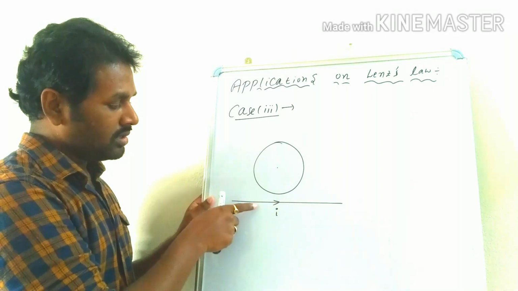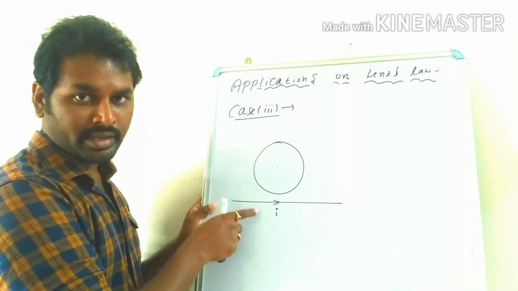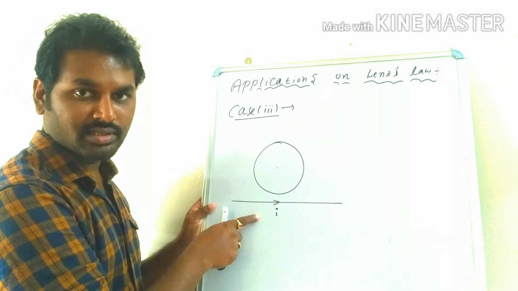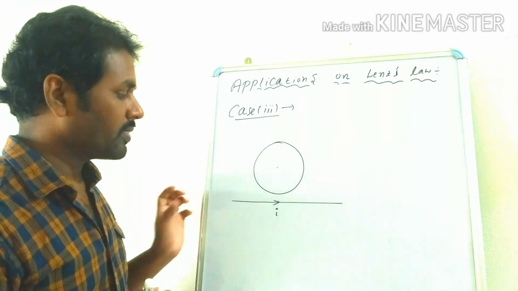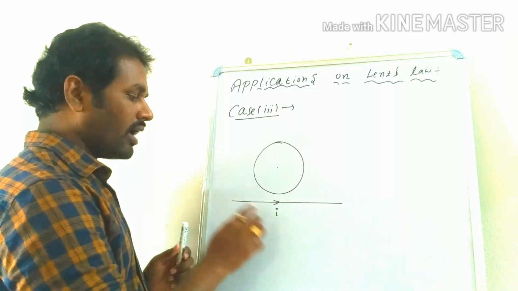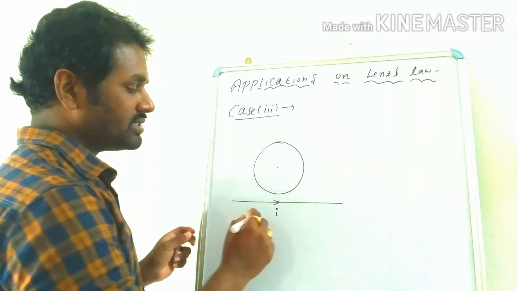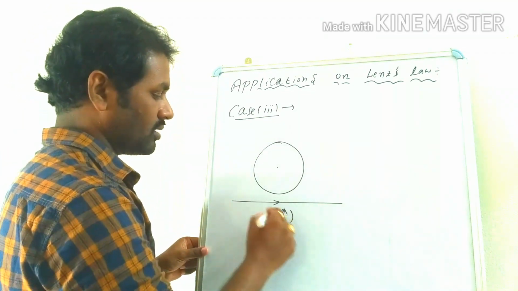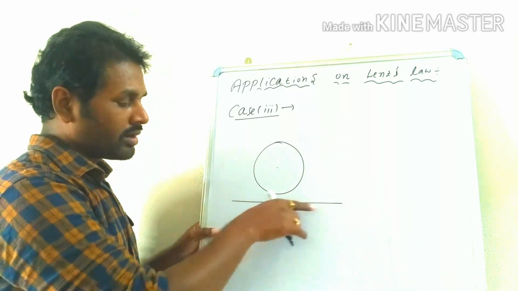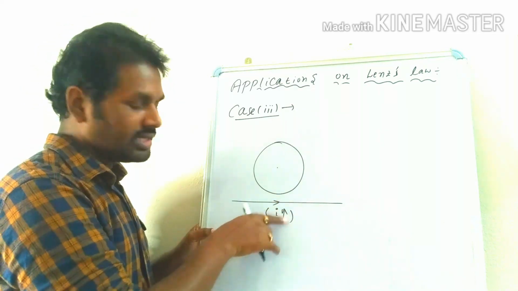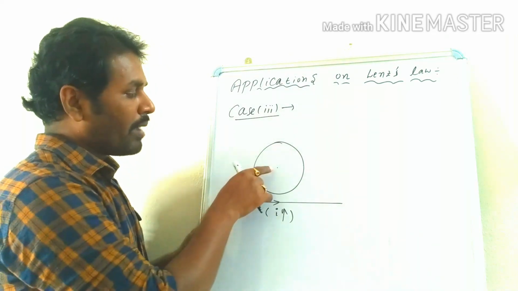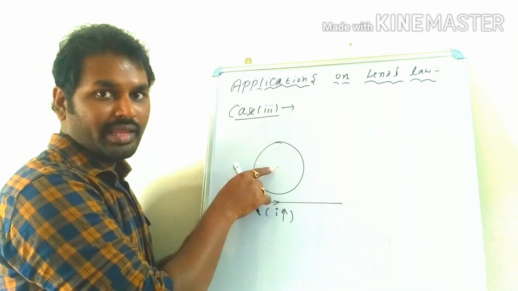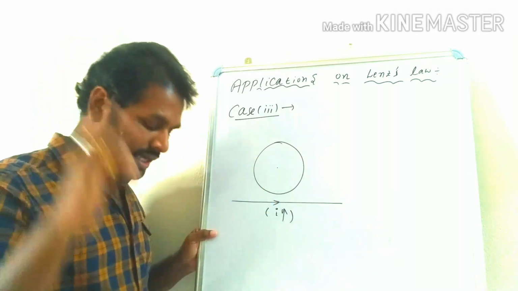You can see this current carrying conductor is placed in the same plane as the coil. Now assume that the current passing through this conductor is increasing. With that, the magnetic flux linked with this coil also increases.